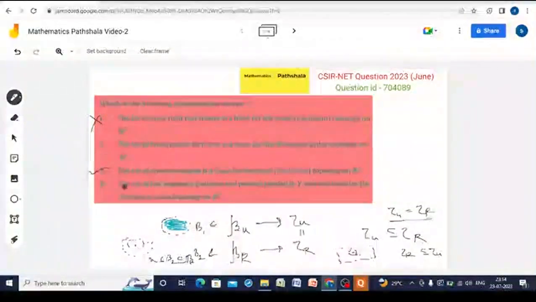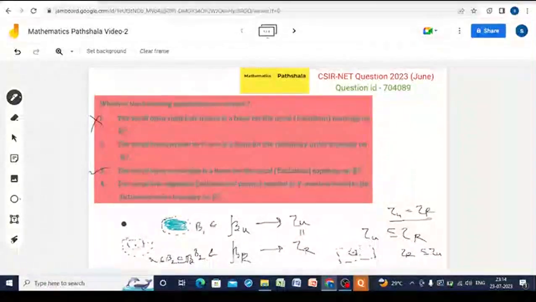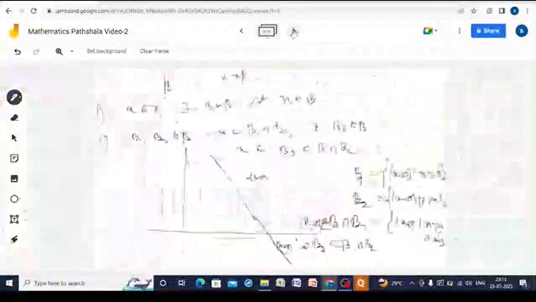Now look at option 2 and option 4. This is about the dictionary order topology on R2. First we will see the base of the dictionary order topology on R2, and see the figure here.